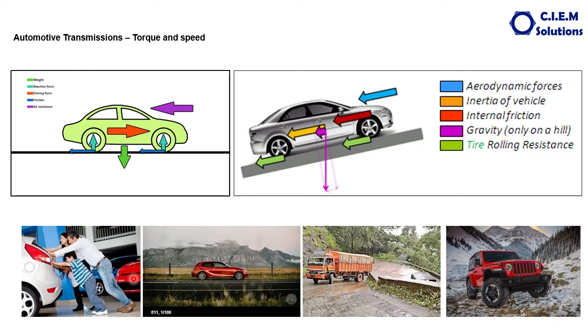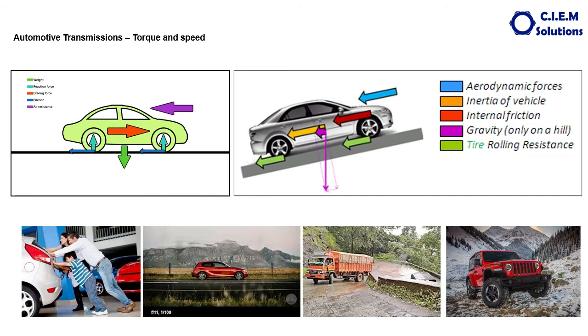So when it travels on the plain road, the requirement of the pushing energy gradually comes down. Again, during traveling, when you come across a ghat road, again the requirement of the energy increases. So here you need to increase the torque. Same way in this kind of hilly terrain.